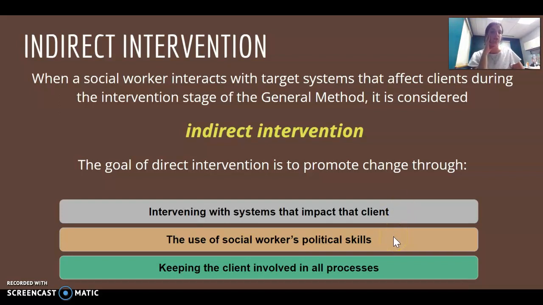So it uses the social worker's political skills, and it ties into policy. Policy is a very indirect intervention. It really shines the light on the important role social workers can take in changing policies and some of those bigger macro type influences.